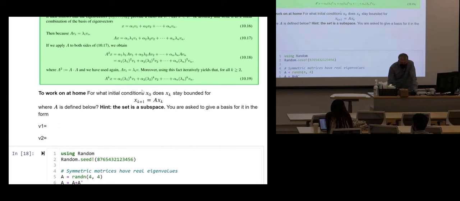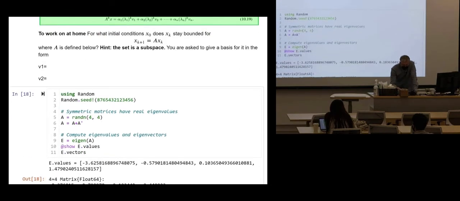Give me the subspace of initial conditions such that for all of those initial conditions, when I let my dynamical system evolve, the solution stays bounded. It doesn't blow up. Okay?